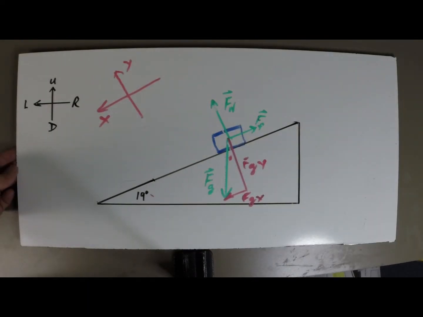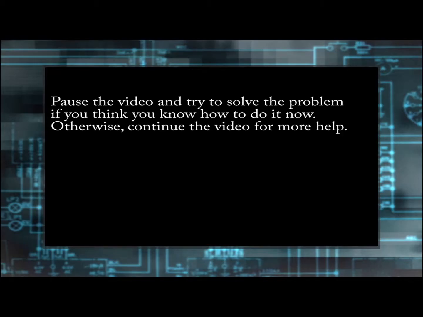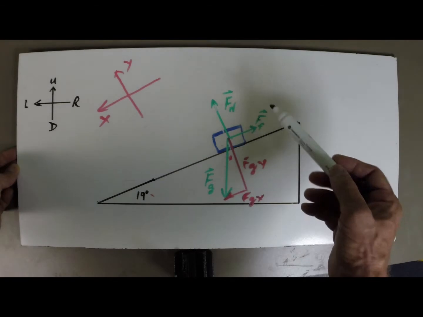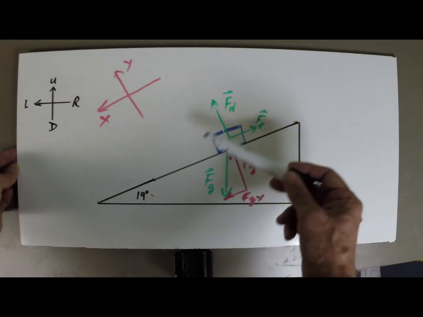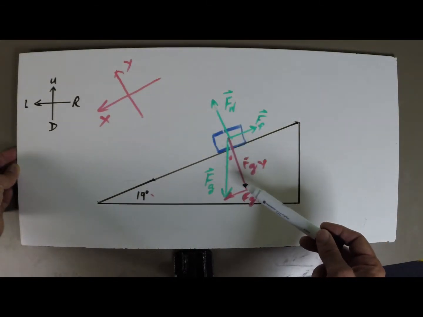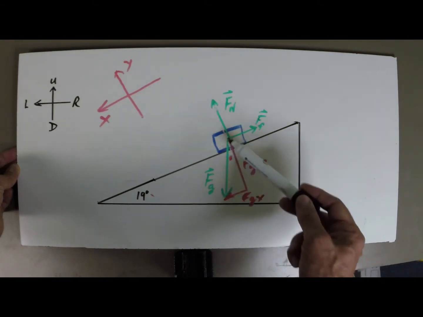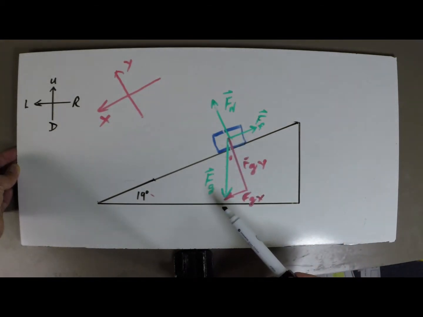For the analysis part of this problem, we need to analyze the forces that are acting on the object and try and figure out how that's going to cause it to accelerate. So, the net force is a combination of these three forces, but now we have gravity divided up into the x and y components.